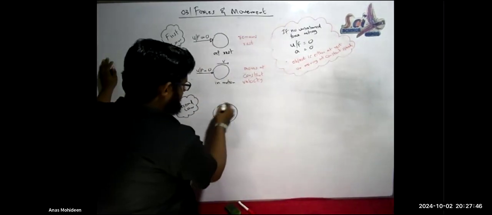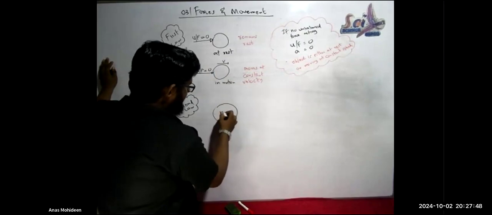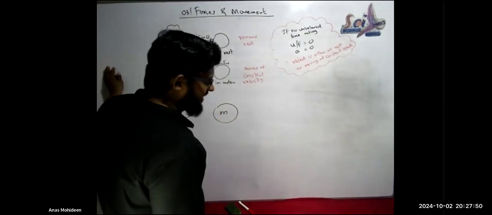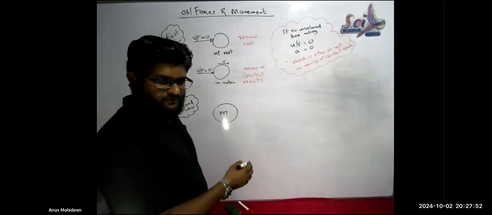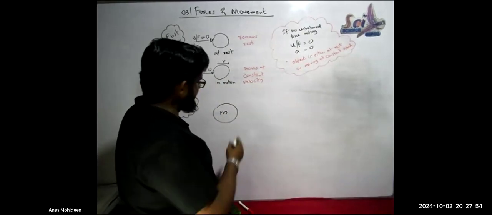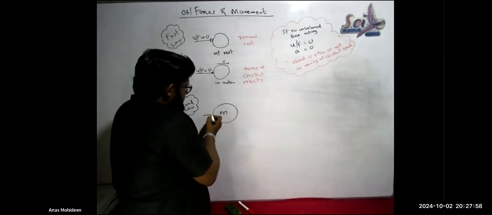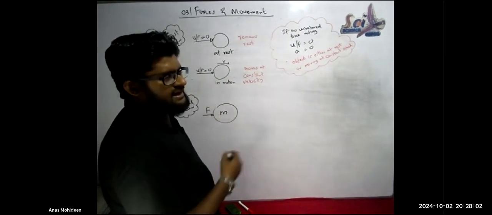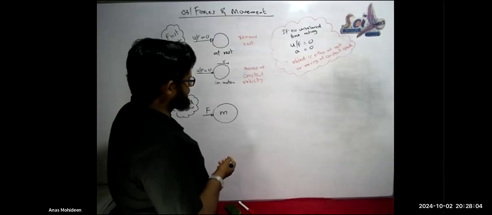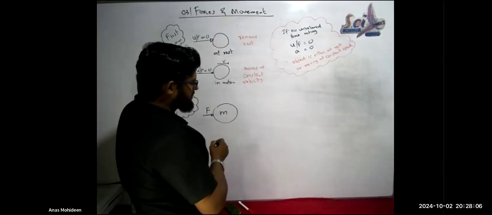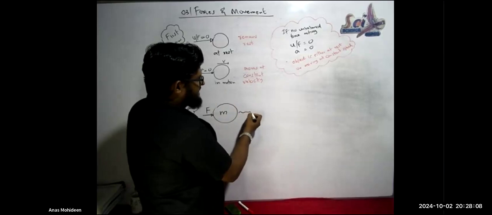An object is there. It has a mass m. And you're going to apply a force F on it. You are applying an unbalanced force. Because of this force, it is increasing the velocity.